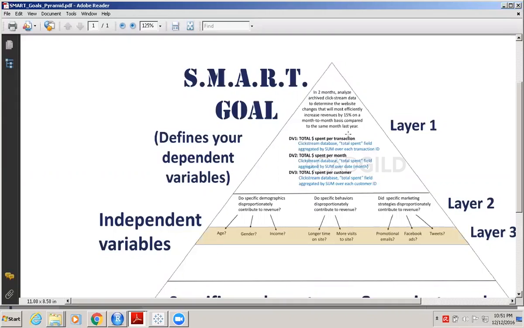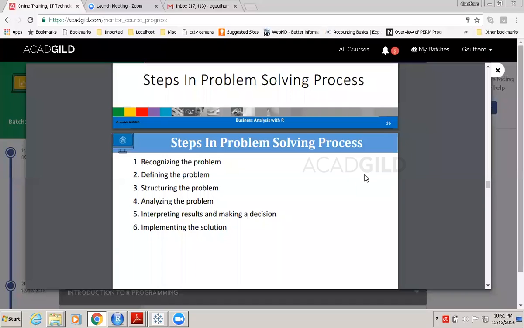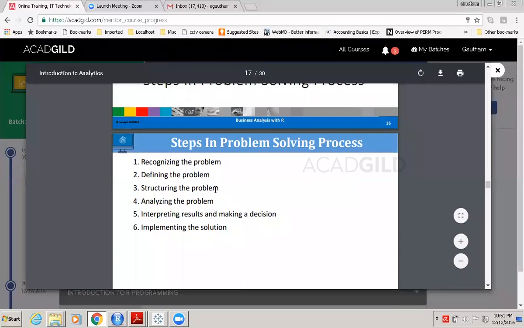So that is my goal. Then my next step would be to divide that goal into achievable smaller parts. And for each of those small parts, I want to assign some variables and see whether I can understand these variables that are impacting my goal. So that is defining the problem, structuring the problem.